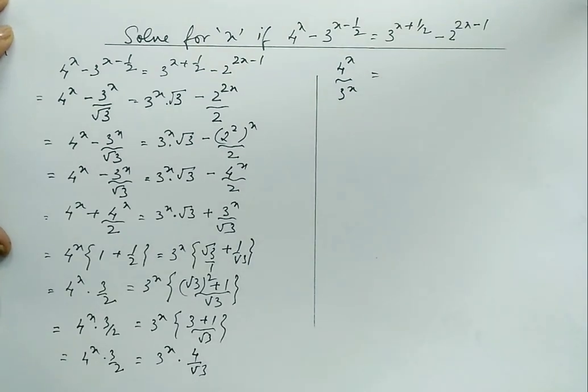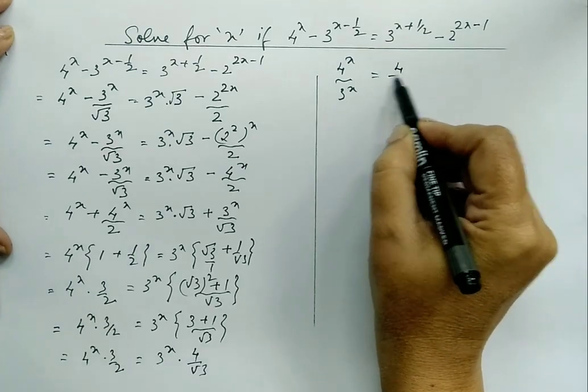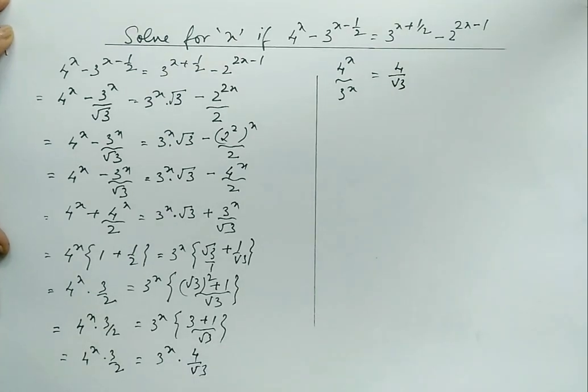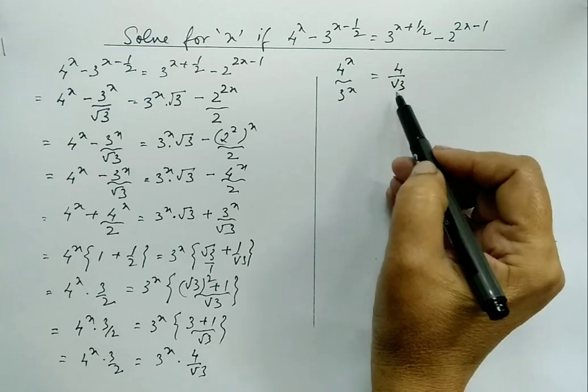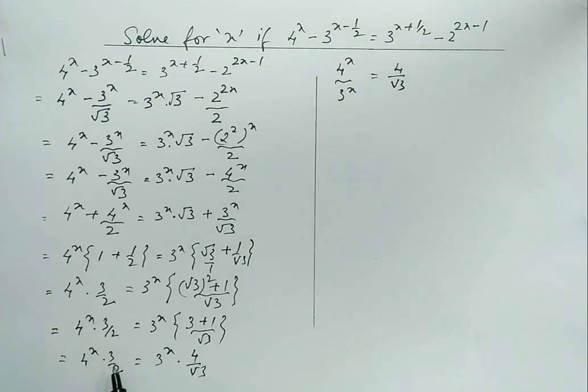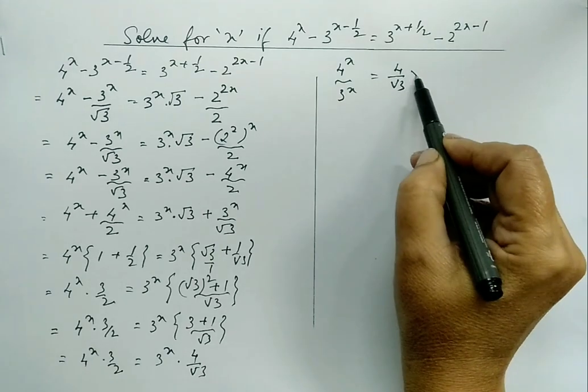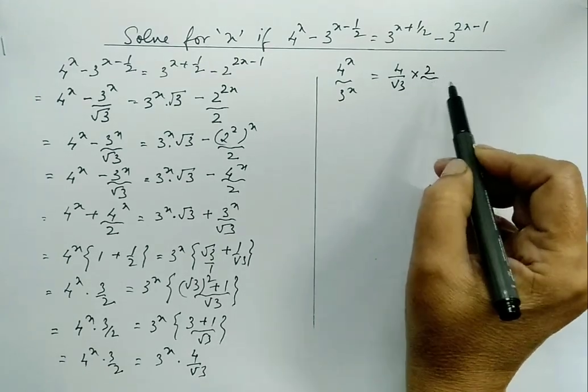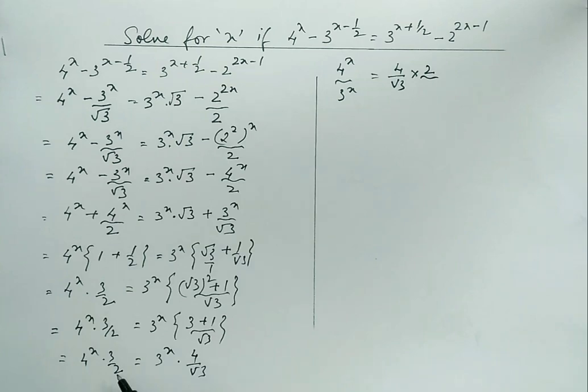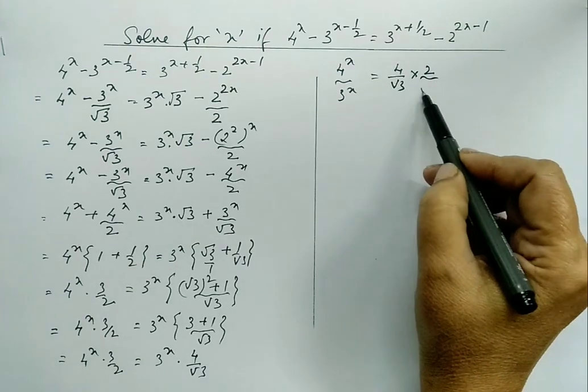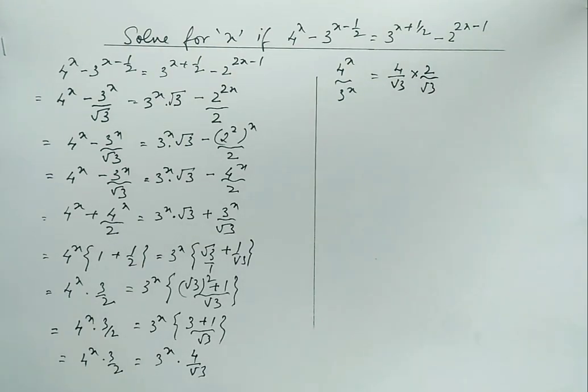Correct? And since we are left with this, first keep this here and think about 3 by 2. So 2 will sit on the top, and 3 will be the denominator, isn't it?